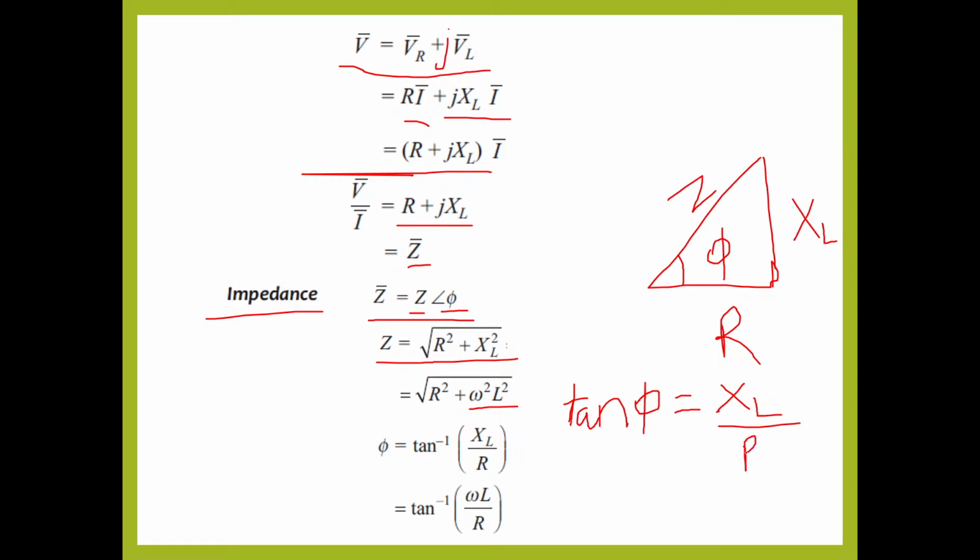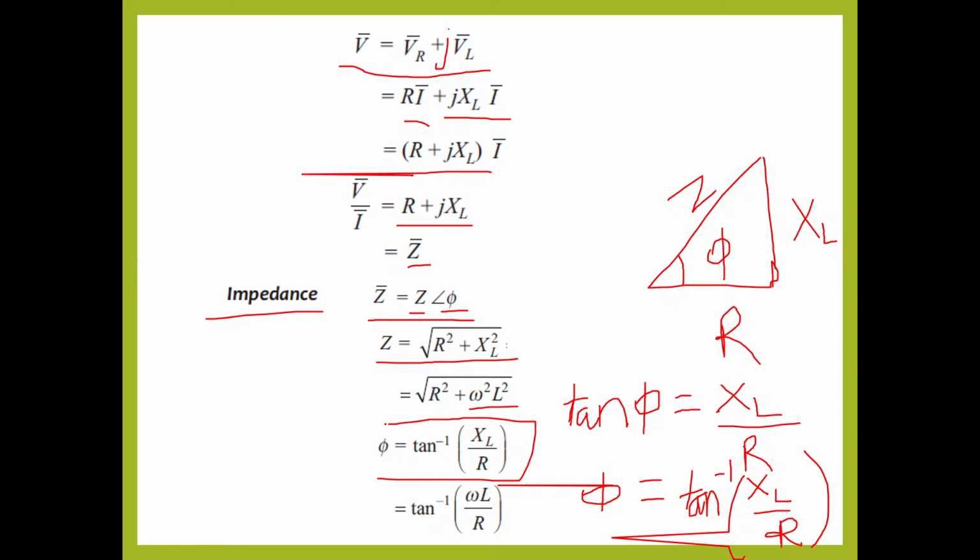So phi is equal to tan inverse of XL by R. You can determine the phase angle between voltage and current simply from the impedance triangle.